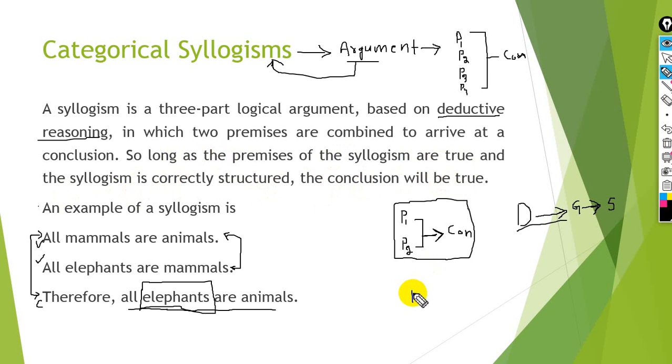If premise 1 is true and premise 2 is true, then the conclusion will also be true, when both premises are correctly structured.